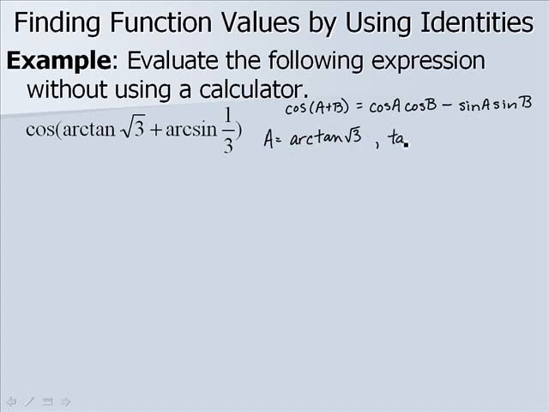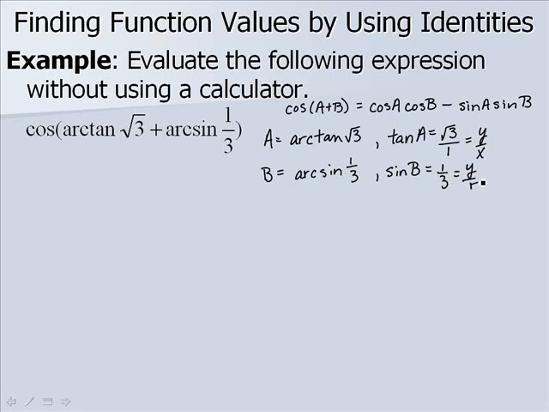That means then that tangent of a is equal to the square root of 3, which will make square root of 3 over 1 to get y over x for a tangent. And we have that b is equal to the arcsine of 1/3. So the sine of b is equal to 1/3, which is y over r.